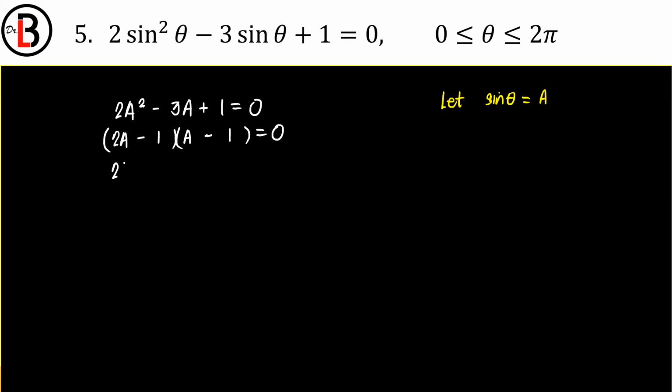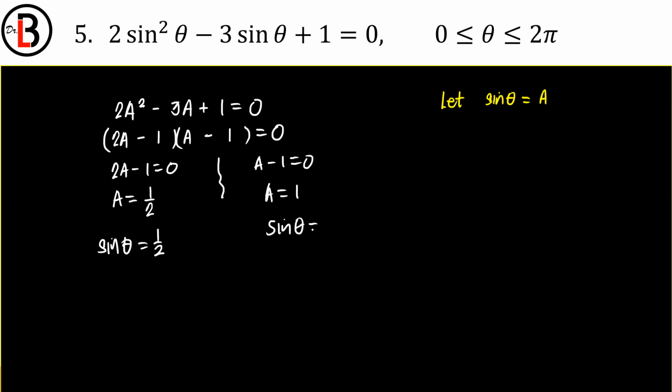So that means 2a minus 1 is 0, or a minus 1 is 0. Either a is 1 half or a is 1. Now, what is a? Sine theta is equal to a. So I can say sine theta is 1 half and sine theta is equal to 1.